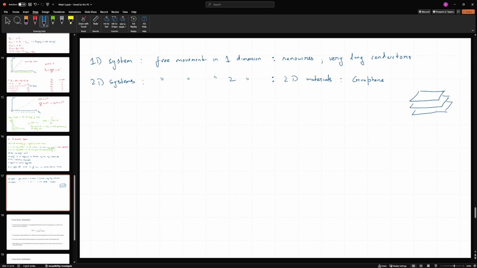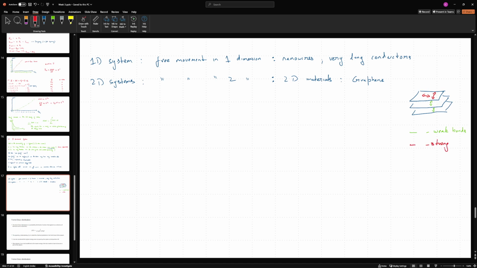Effectively this is a 3D object, but the bonds between any two subsequent layers in the vertical direction are weak. So the green lines are weak bonds, when compared to the bonds in the x and y direction. So these are strong bonds.